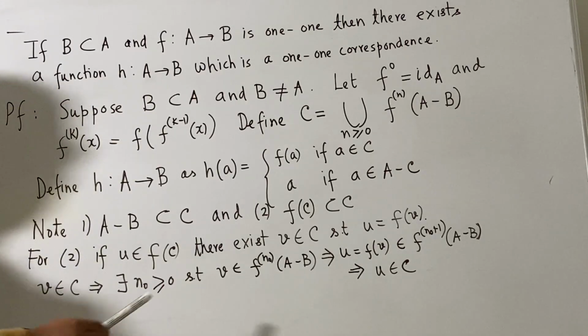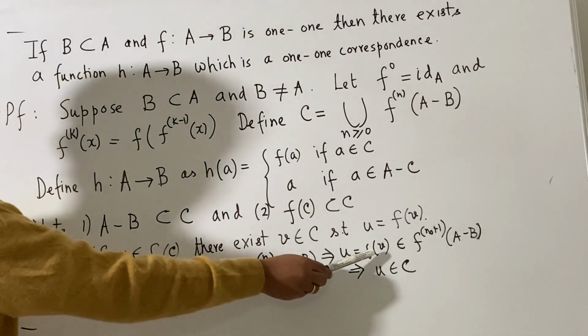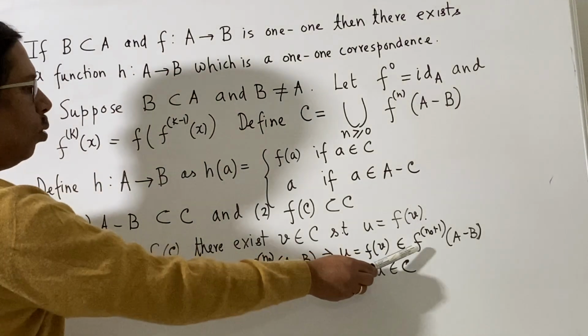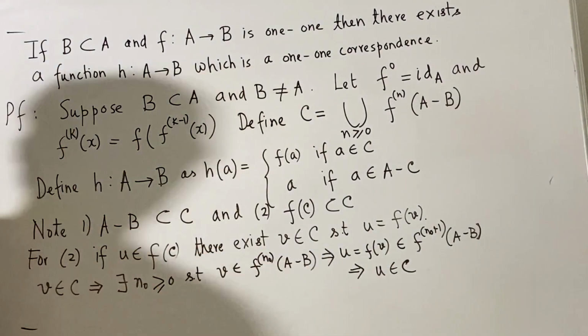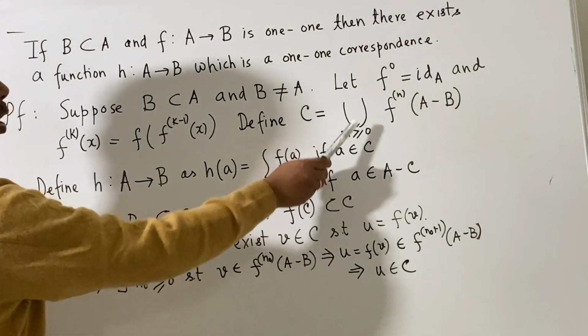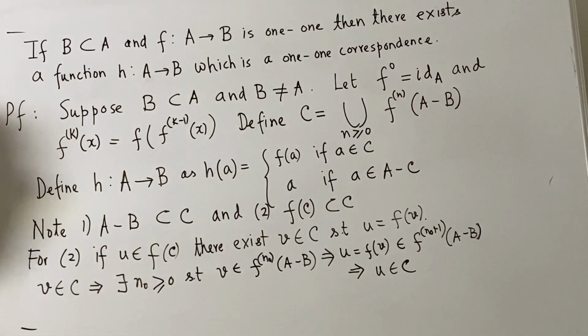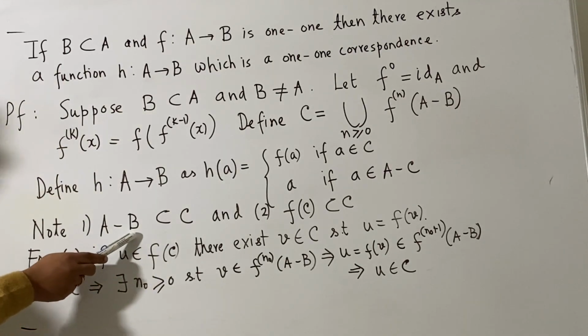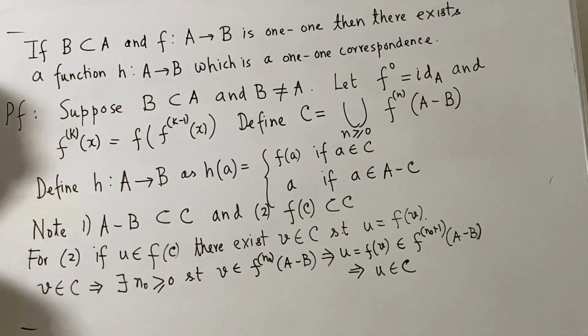Now, if we apply f on this point v, then we see that u would belong to f^(n0+1)(A minus B), which means that u also belongs to C from the definition of C. So therefore, we have A minus B is a subset of C and f(C) is a subset of C.